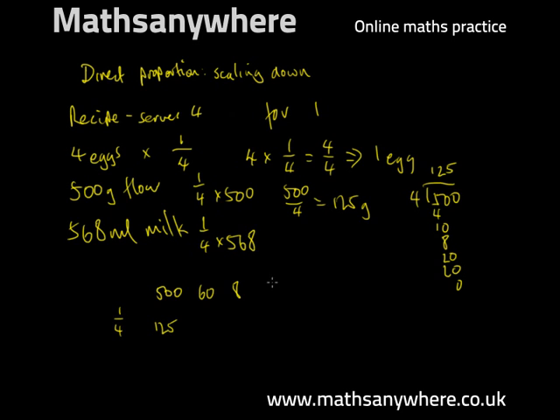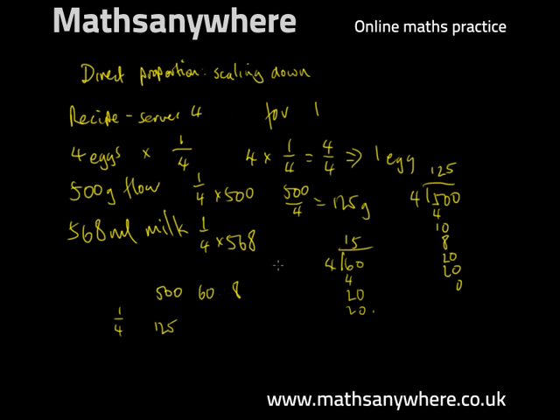1/4 of 60, you might want to do your division, so why not? A bit of practice. 1/4 times 60 is the same as 60 divided by 4. So 4s into 60, 4s into 6 goes once, which is 4. 6 minus 4 is 2, bring down the 0. 4s into 20 is 5 exactly.